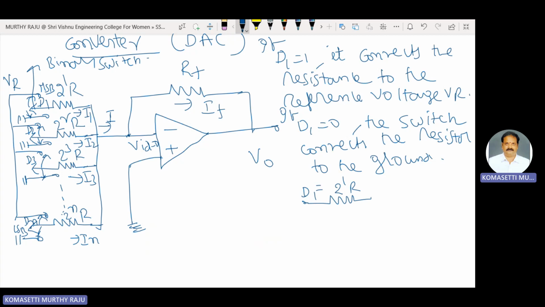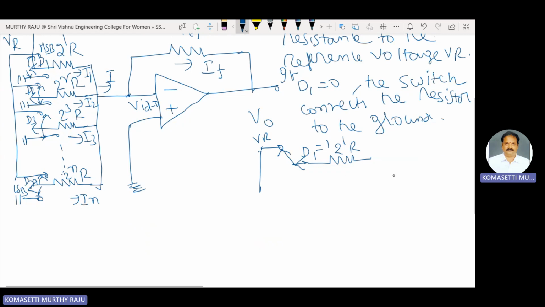If D1 is equal to 1, this is the switch and this one is VR. The switch is connected to VR only. If D1 is equal to 1, the switch is not connected to ground.